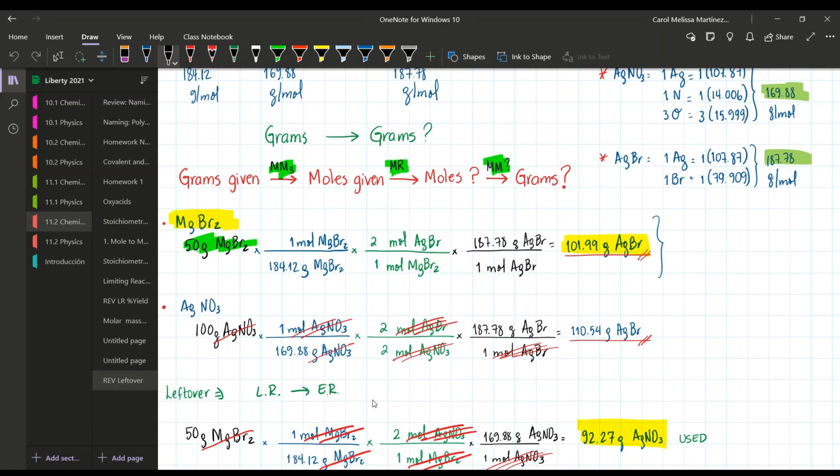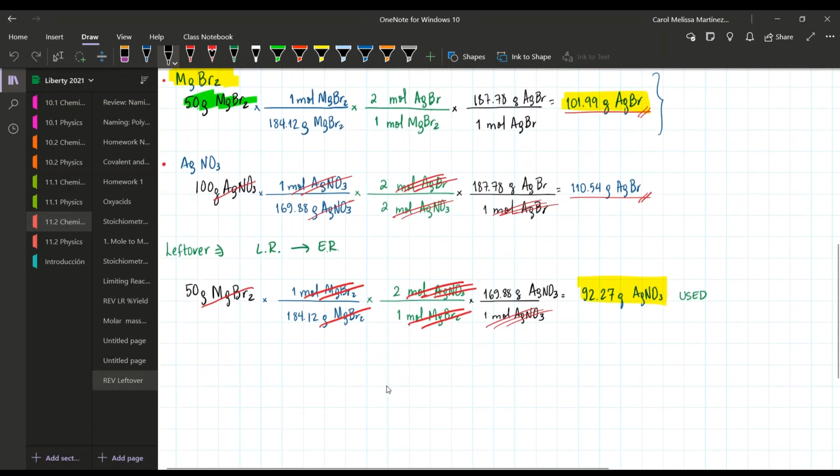So how can I get the leftover? The calculation is the excess reactant given minus what you used.